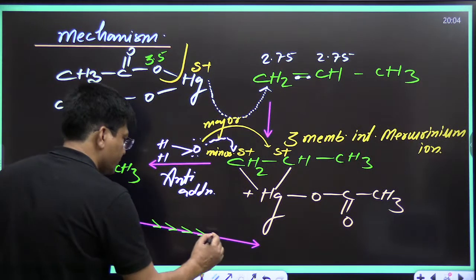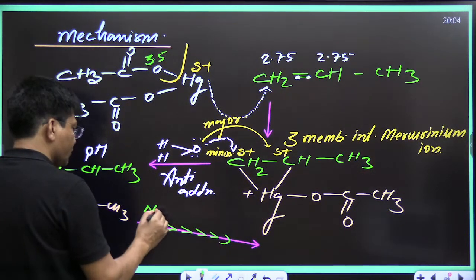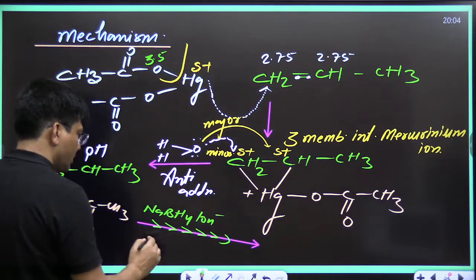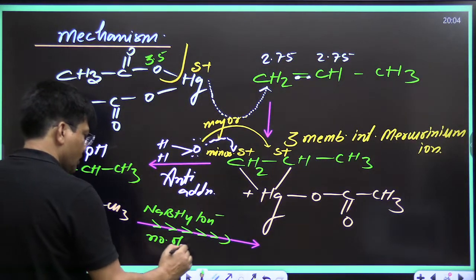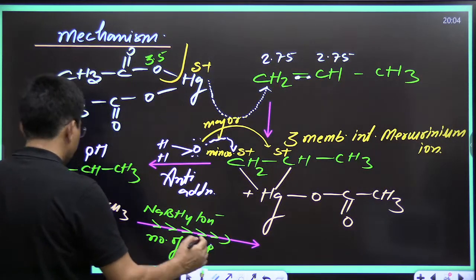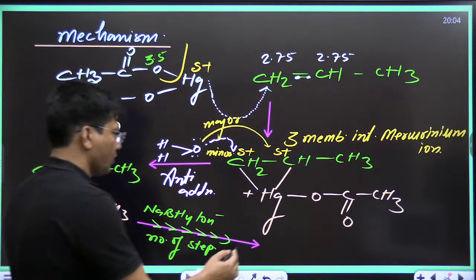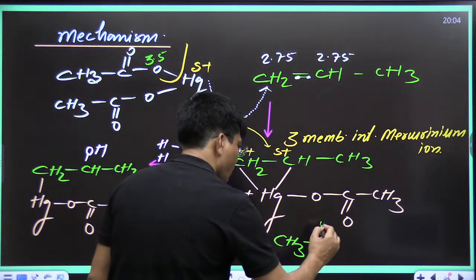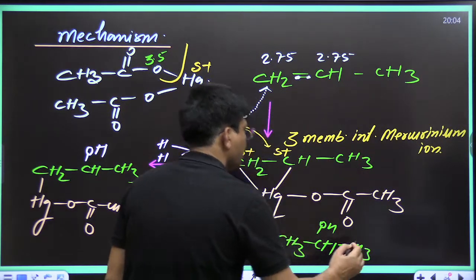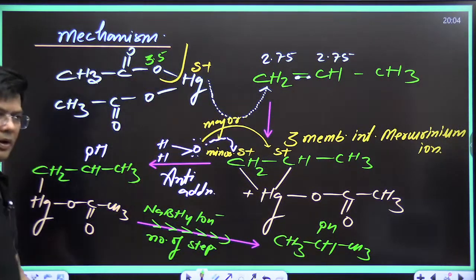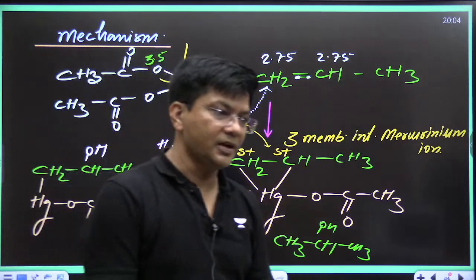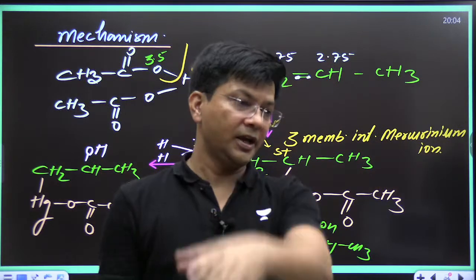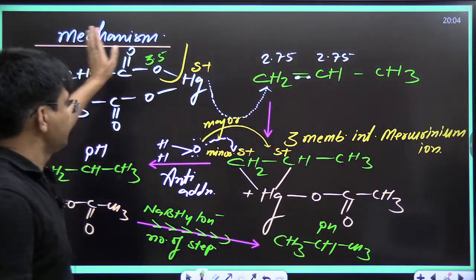In a number of steps, when you add NaBH4, OH negative, demercuration will take place and your product is formed: CH3, CH, OH, CH3. So remember that in this reaction, thank you Priyanka Singh ji, Sarvesh Sharma ji, no rearrangement will take place and the reaction will move like this.